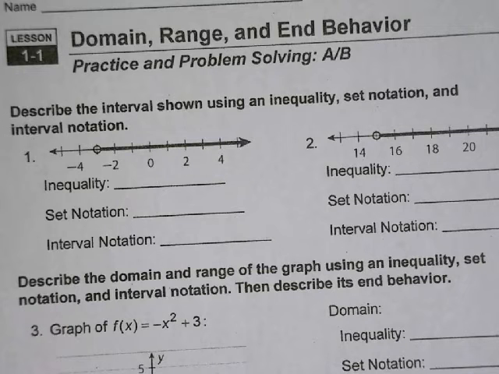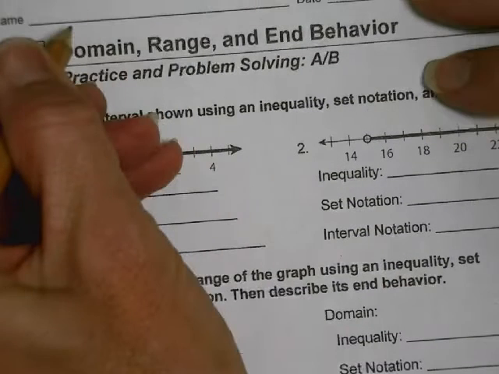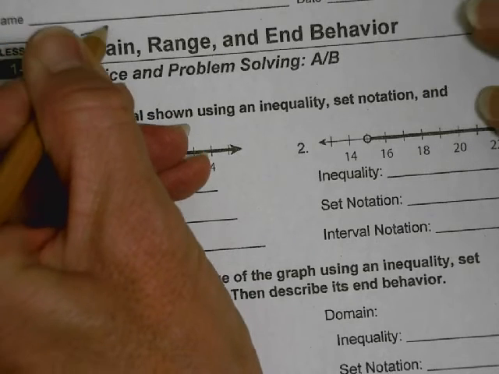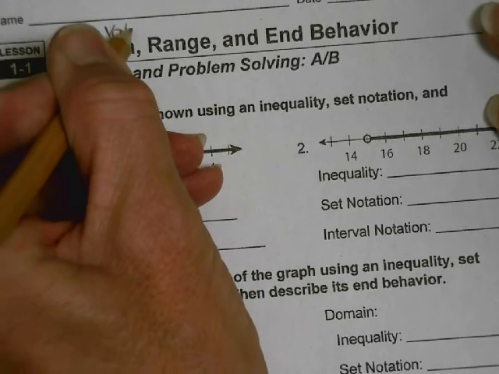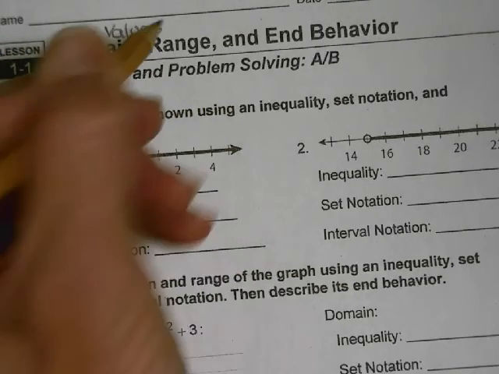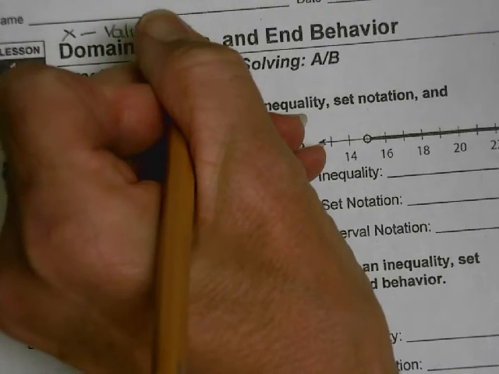So you're just using these words to describe the values that belong in the x story. So the domain is x values. The range are y values.